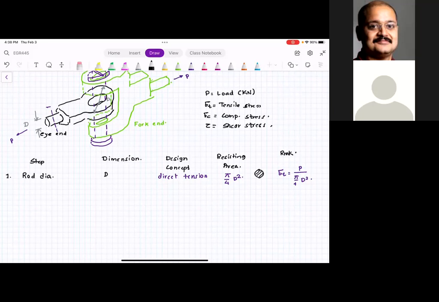Now, second, this is the pin. So pin diameter, this is small d. Now I want you to understand this pin is in double shear. So you have fork end on one side, eye end on the other side. If this pin has to fail, it is going to fail something like this.